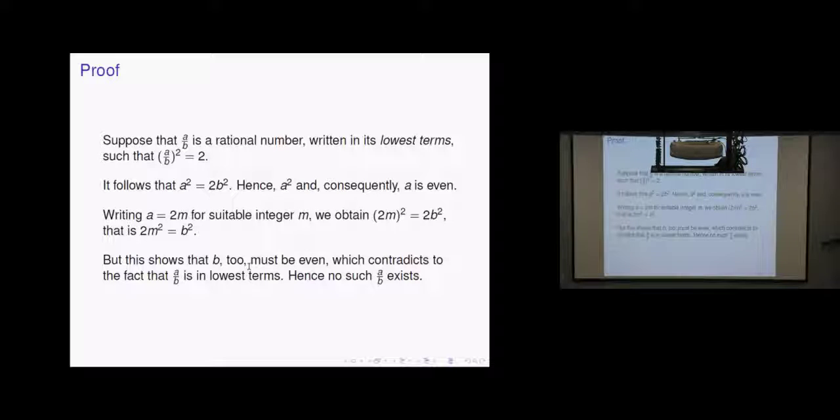So b is also even, which contradicts the fact that a over b is in lowest terms. Therefore, no such a over b exists. So this is one of the nicest theorems in mathematics history. You'll probably have seen it in JC or even in elementary school.